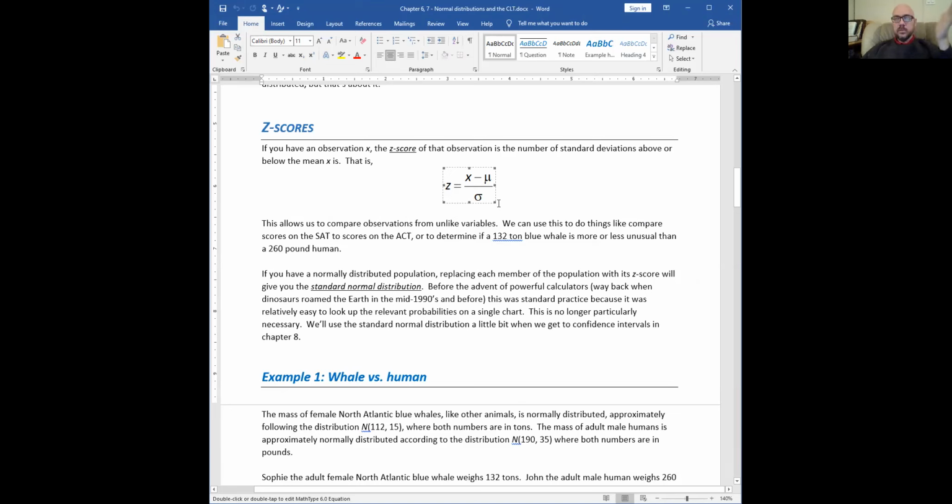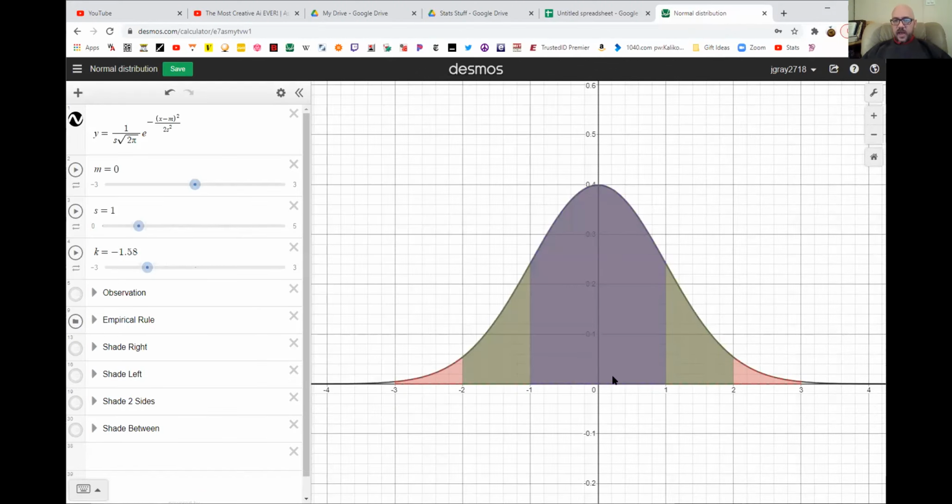Here, let me show you what I mean. So here I am with the standard normal distribution. Notice that one standard deviation away from the mean is 1, and 2 standard deviations away from the mean is 2, right? So the x value here is the z-score, and so we would usually just say that this is the z value.